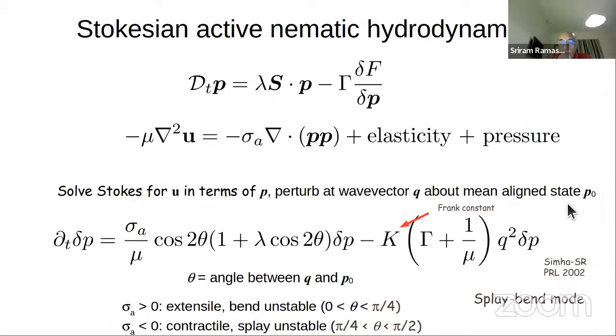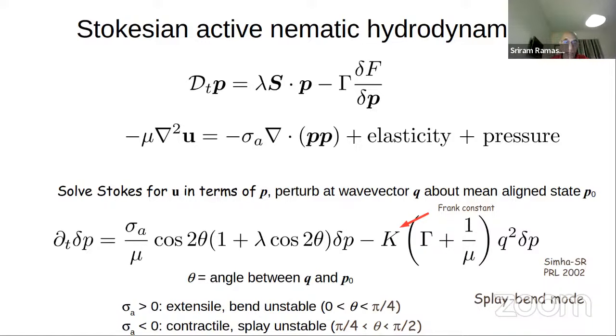And so the perturbation grows with a growth rate proportional to the magnitude of the active stress divided by mu. So remember, stress divided by viscosity has units of 1 upon time. Any system which has a scale of stress and a scale of viscosity has a characteristic time scale, mu by sigma A.